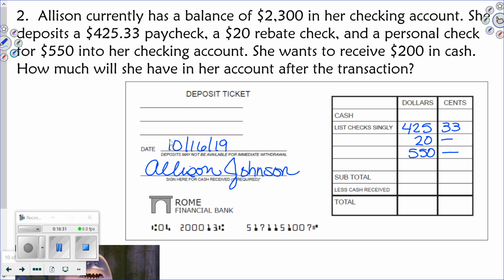Subtotal, so we're going to have to add those together. $995.33. Less cash received. She wants $200 in cash. So the total she's actually depositing would be $795.33 because she wants $200 of that back.